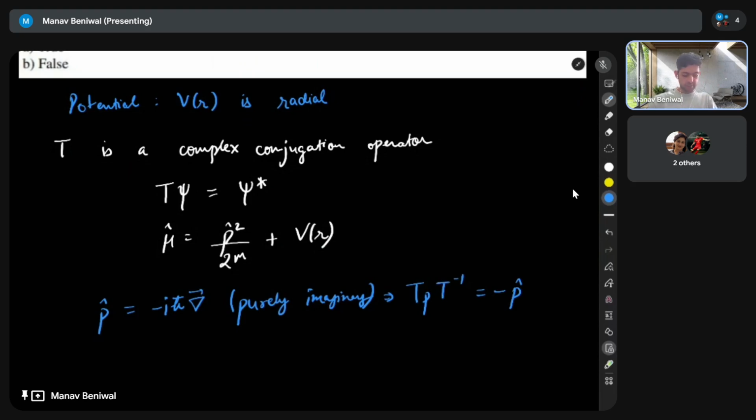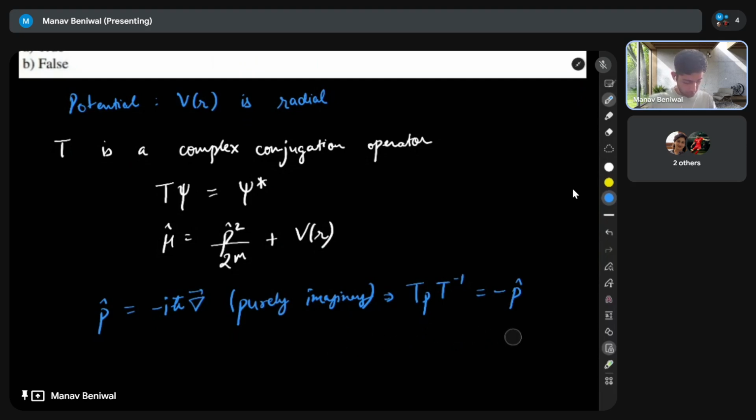Because this is purely imaginary. So we have iota, and iota star becomes minus iota, and then with another minus iota multiplied here, this gives us just minus 1.